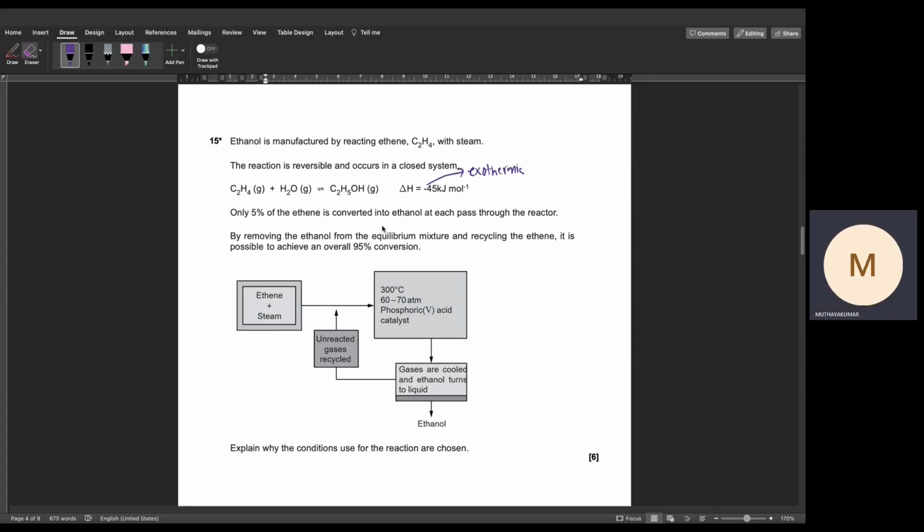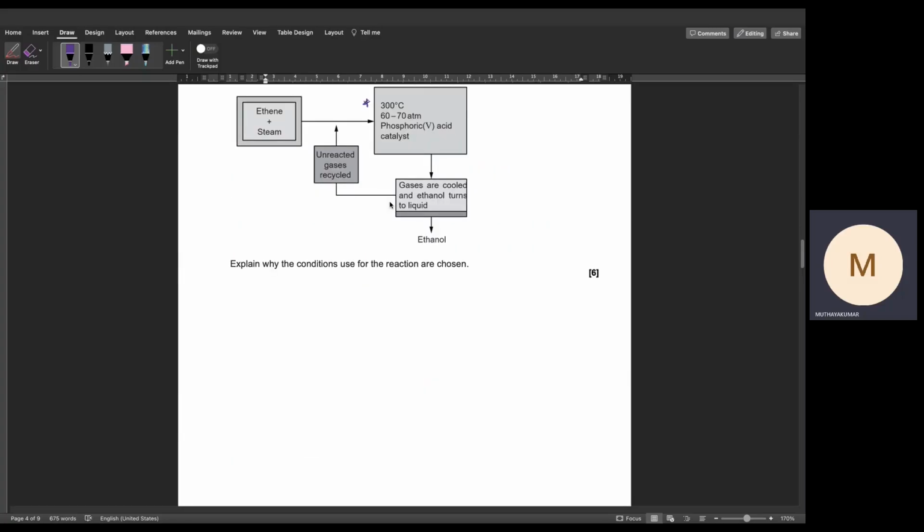So the conditions chosen: we've got a temperature of 300 degrees Celsius, a pressure of 60 to 70 atm, and we're using a phosphoric acid catalyst. It's a 6-mark question, so let's consider each condition separately. So temperature to begin with. For each of these conditions, we should talk about the effect on rate and the effect on the equilibrium position.